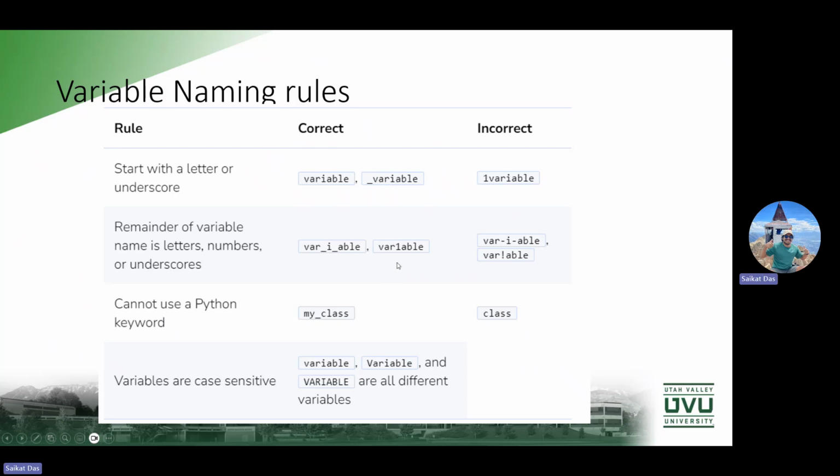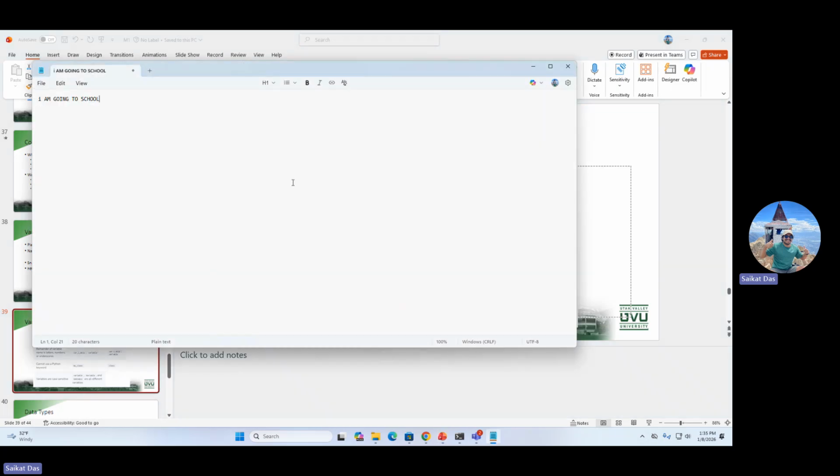The second convention is, if I have a large variable name, for example, how I can go to Salt Lake can be a variable name. Then how can I write this name? There are like 3 words. You cannot write the space here. You cannot write a dash here. So how can you separate those things? Like I would like to write here my share. My share is a variable.